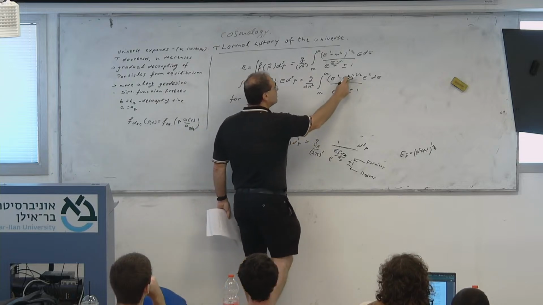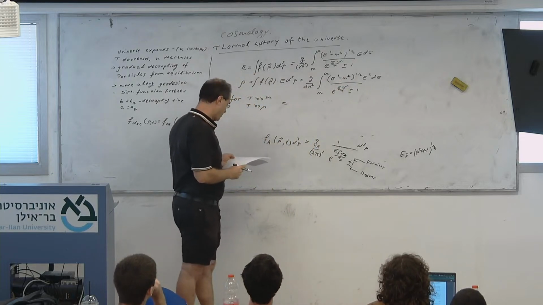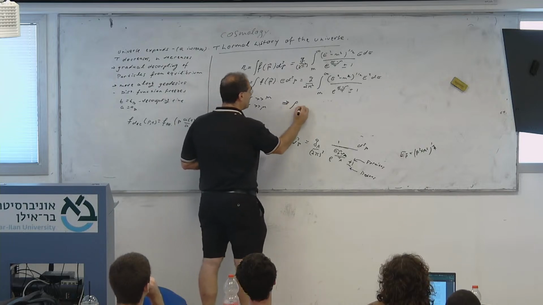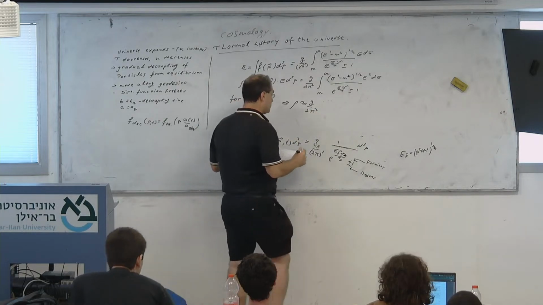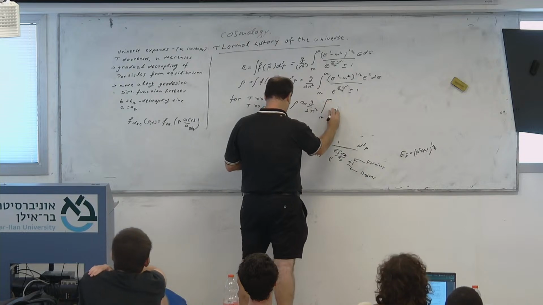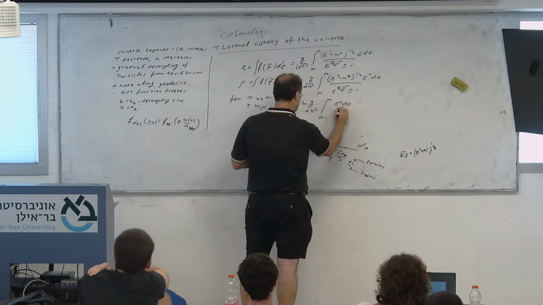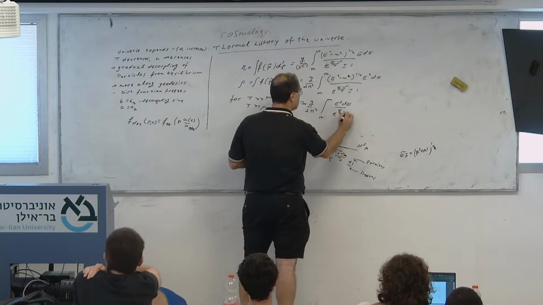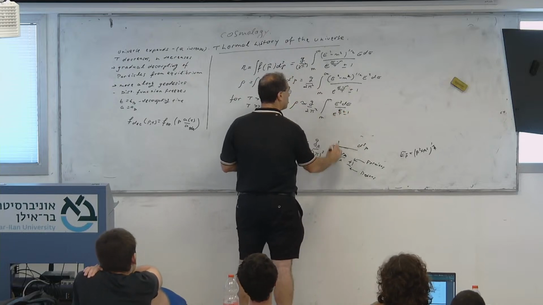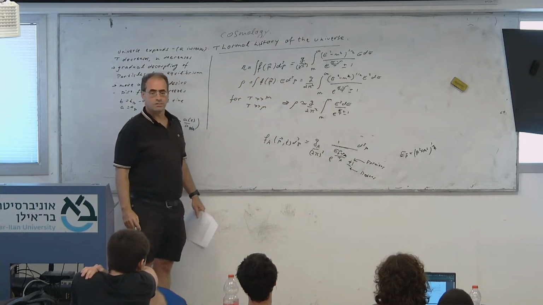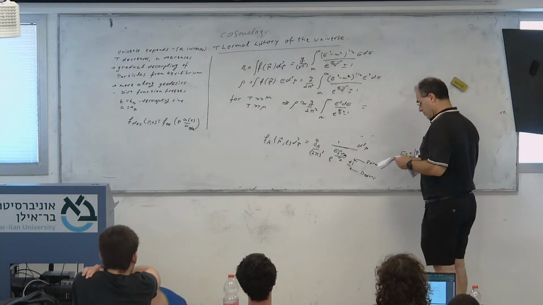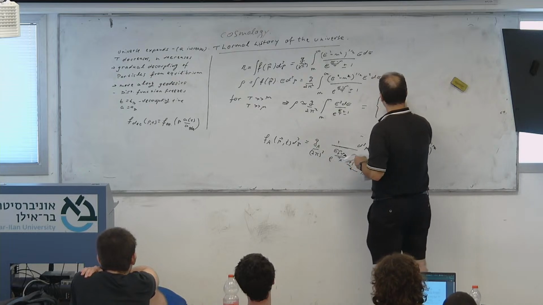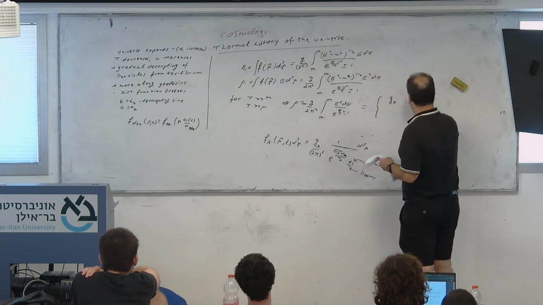So I can forget about these terms, and we get that rho is approximately g over 2 pi squared times the integral from m to infinity of E cubed dE over e to the E over T minus or plus 1, depending. Okay, which you can just look up in a mathematical textbook. I actually did that. You can look at the solution, which for bosons is g bosons times pi squared over 30 times T to the 4.